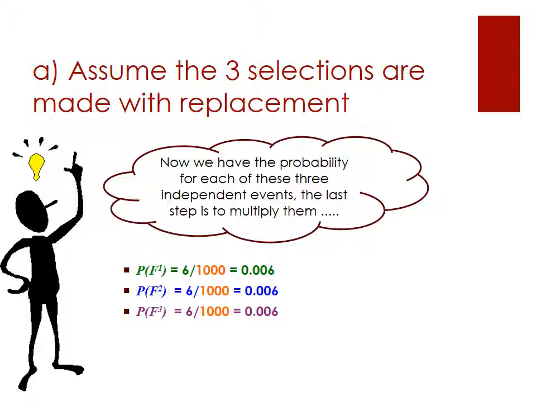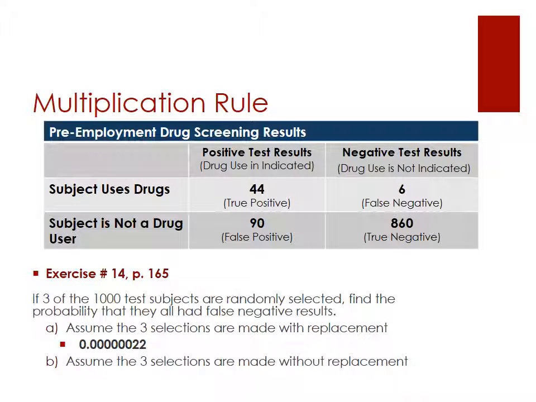Thus the multiplication rule of probability. So we're going to take these, multiply them each by the other, and we should get 0.00000022. This is the solution for part A of exercise 14.